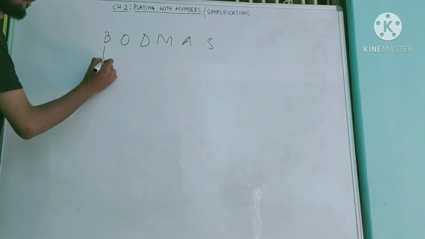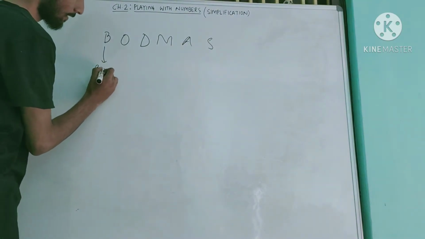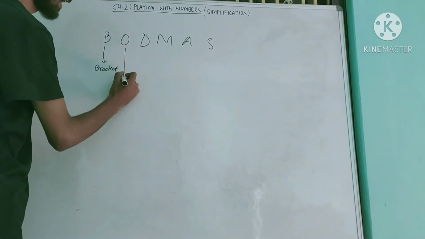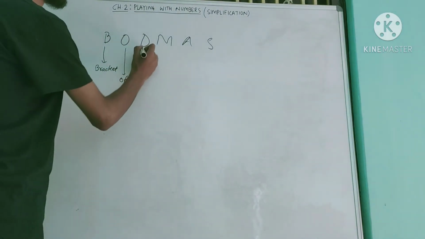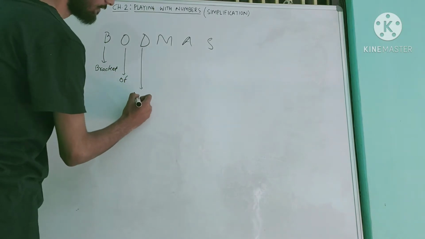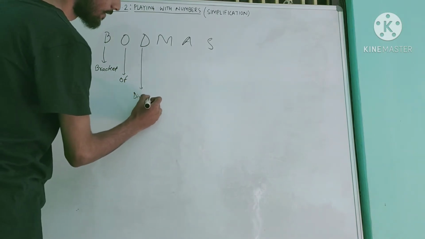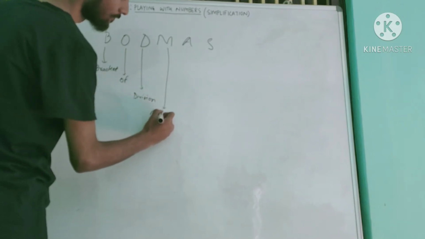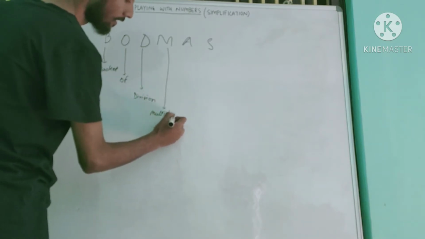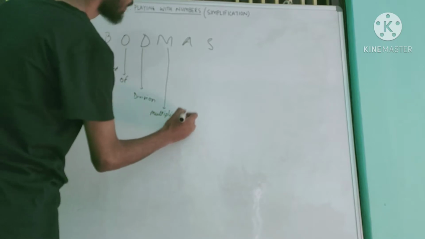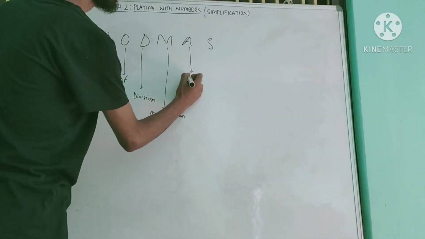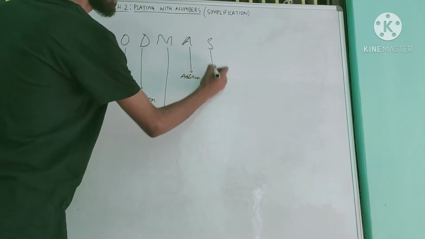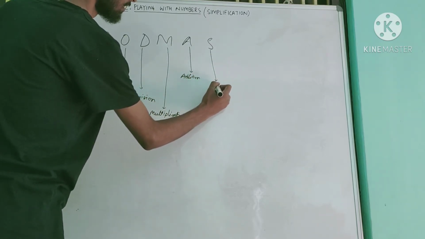B stands for brackets, O stands for of, D stands for division, M stands for multiplication, A stands for addition, and S stands for subtraction.